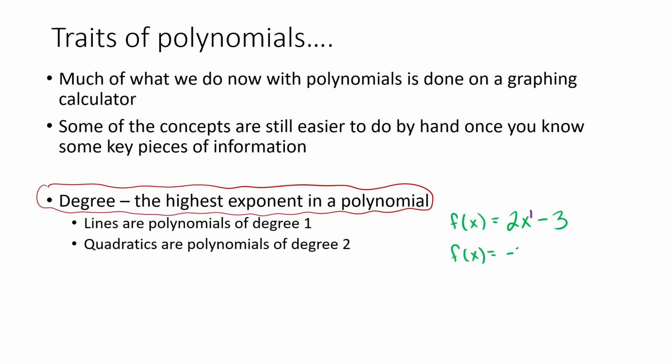If I were to say negative 3x squared minus 2x plus 4, and we look at the highest exponent there, the highest exponent is 2, and both of those meet the definition for polynomial. So it might be good to keep that in mind. In fact, I'm going to use that in presenting this lesson. If you remember things about lines and quadratics, it's really going to help with this next piece.